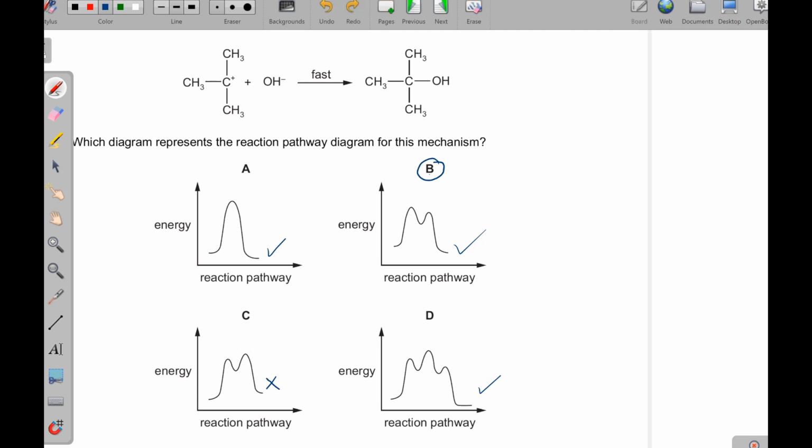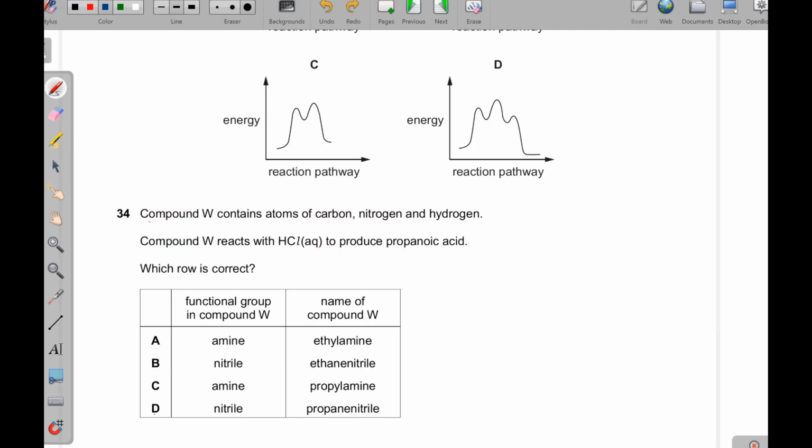It cannot be higher than the first one, since the first step is the slow one with the higher activation energy. Of course, this one is wrong because there are three steps and we are seeing only two. So our answer has to be B there. Question 34. Compound W contains atoms of carbon, nitrogen, and hydrogen.